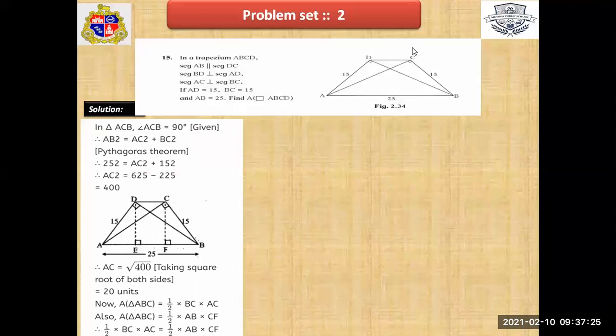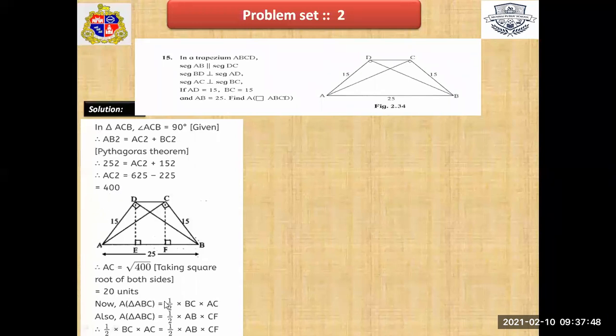In triangle ACB, this angle is 90 degrees, so AB square is equal to AC square plus BC square. Apply Pythagoras theorem: this side is 15 square and this one is 25, so we find AC square is equal to 400, and AC is equal to 20.